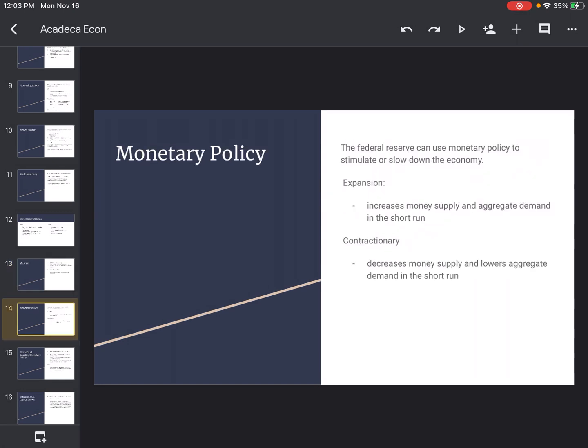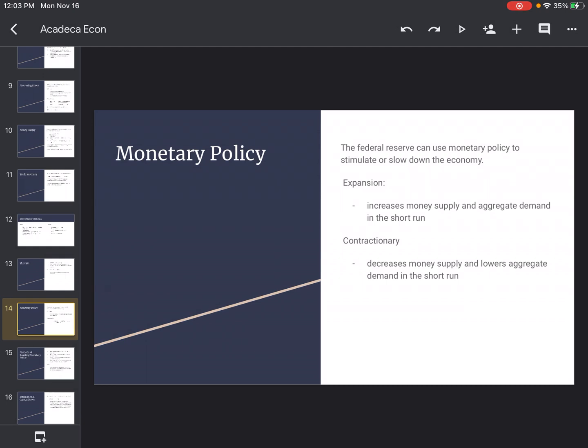Monetary policy. The Federal Reserve can use monetary policy to stimulate or slow down the economy, and the way it does this is through expansionary monetary policy, which increases money supply and aggregate demand in the short run. But that does kind of risk inflation.